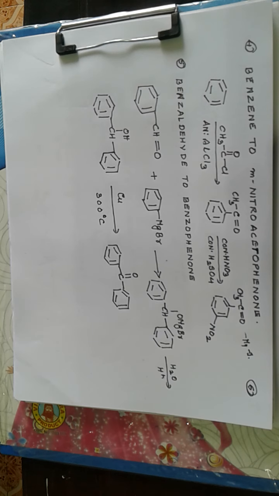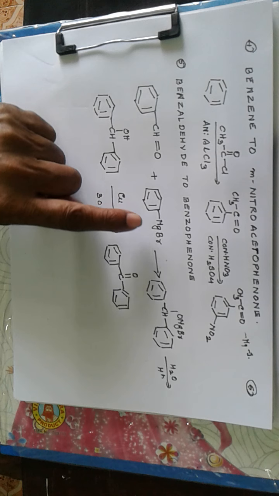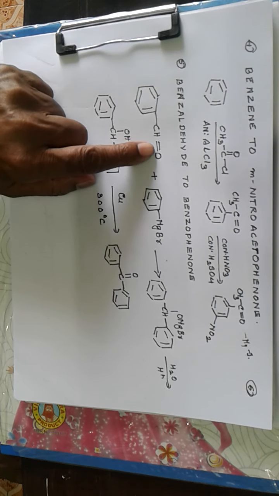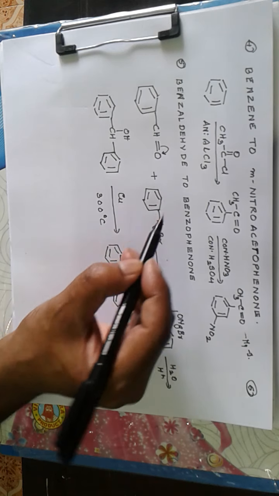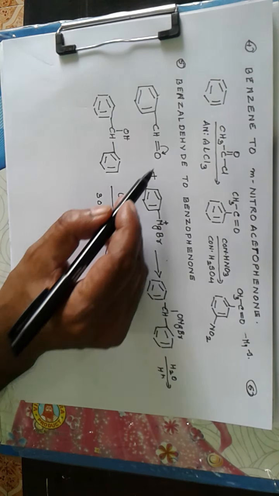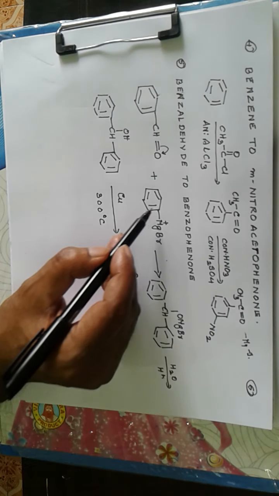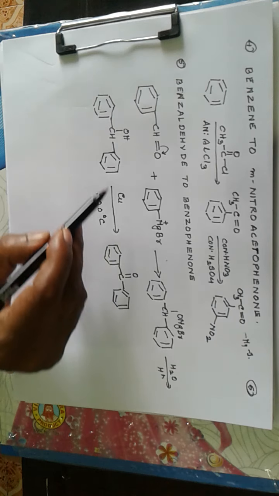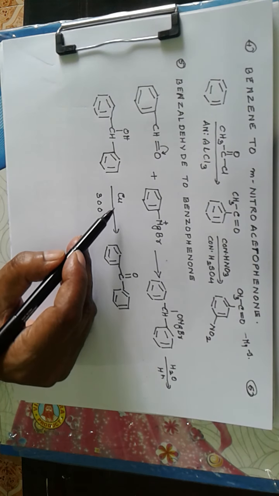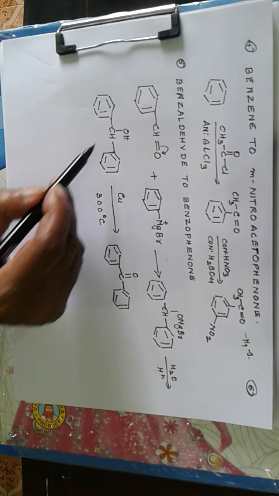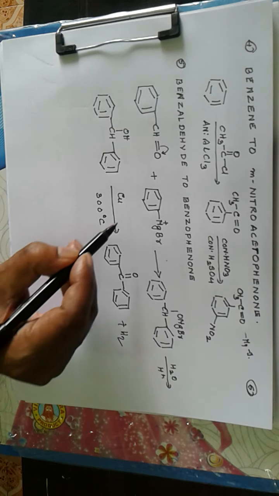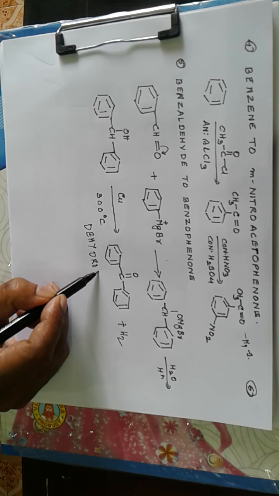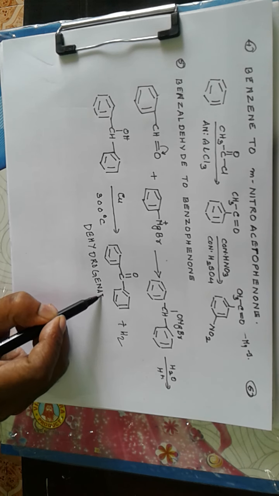Benzaldehyde to benzophenone. Now for this reaction you should get phenyl magnesium bromide as the reagent, then CHO adding to phenyl magnesium bromide, this CO bond polarizes, and this MgBr positive is getting connected to oxygen, CH(OMgBr), and this phenyl group is connected to CH, and on hydrolysis with water we get OH, and when this secondary alcohol is treated with copper at 300 degrees centigrade, 2 H atoms are removed, it is called dehydrogenation.